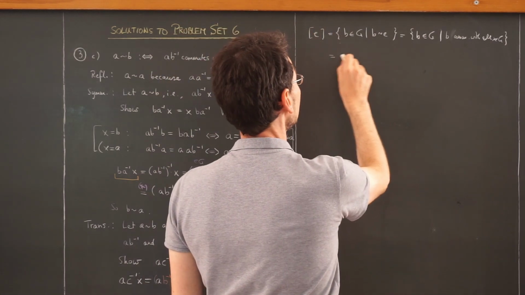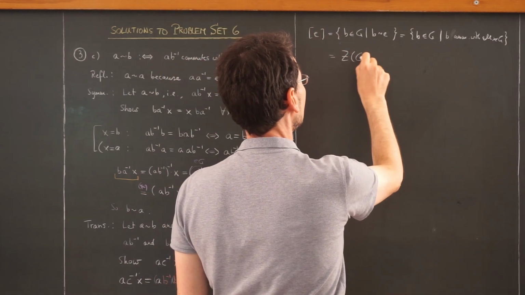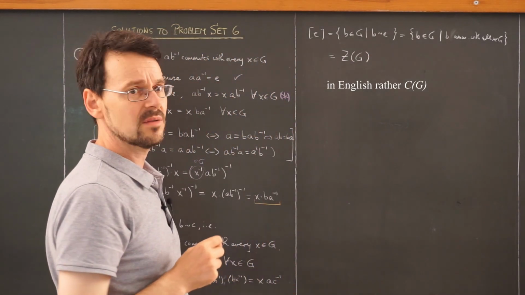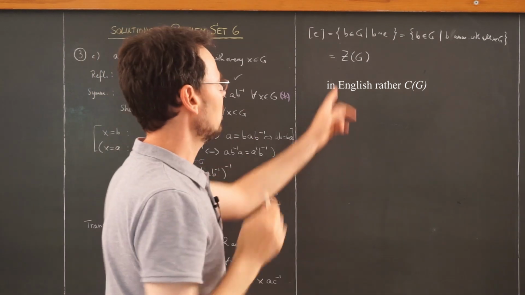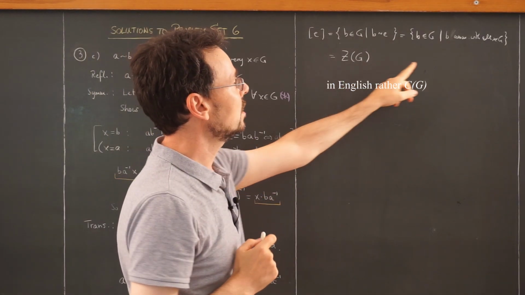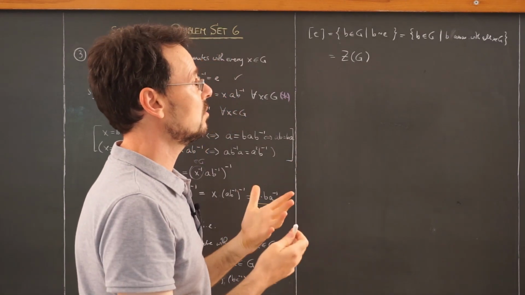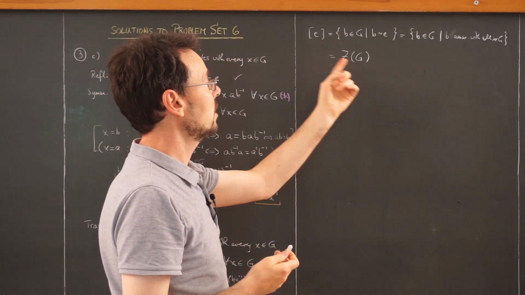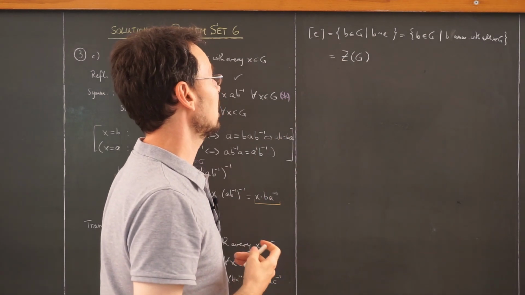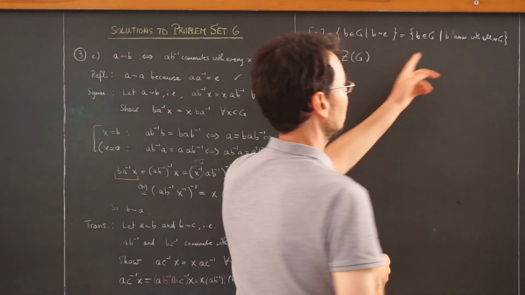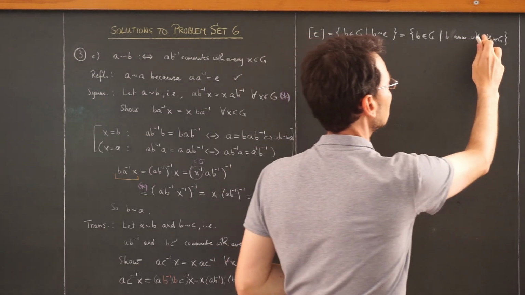So this is simply the so-called center, I think, the center of the group, meaning all the elements that commute with all the other elements. So all the commuting elements, and this would be the equivalence class of the identity. This is exactly what we have here, not written very nicely.